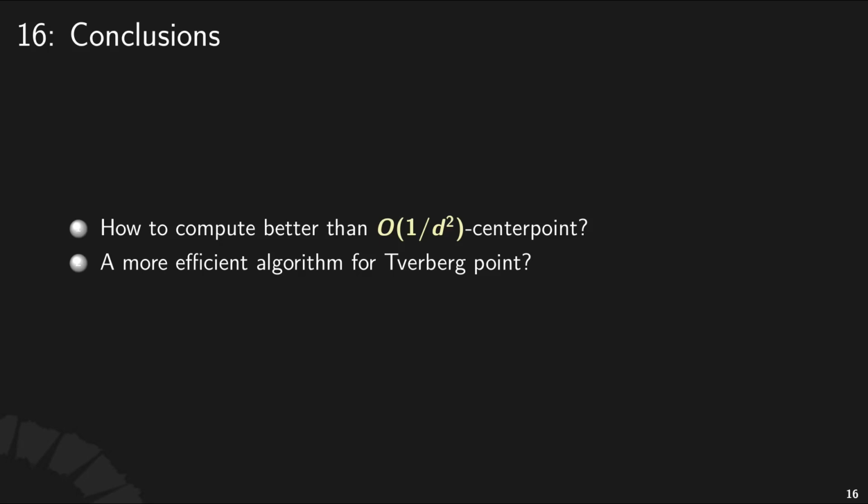So can we compute in polynomial time a better than 1 over d squared centerpoint? And another thing that's very interesting is whether we can come up with a better algorithm for the exact Tverberg point. Currently we have the constructive proof of Tverberg, but the running time is pretty awful. It would be nice to get something better.